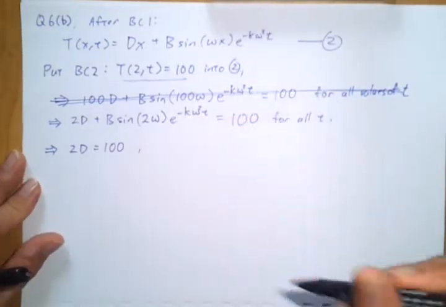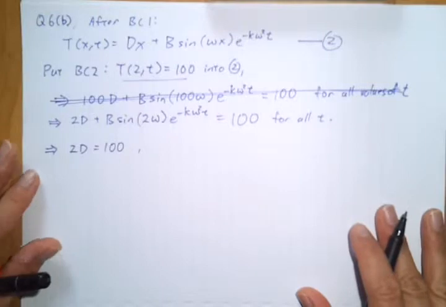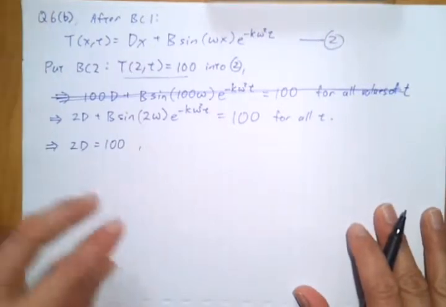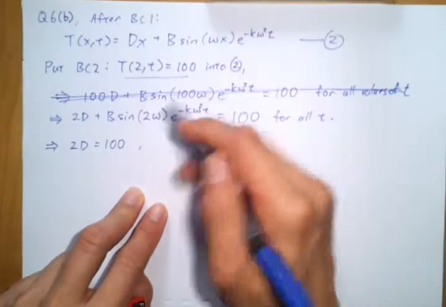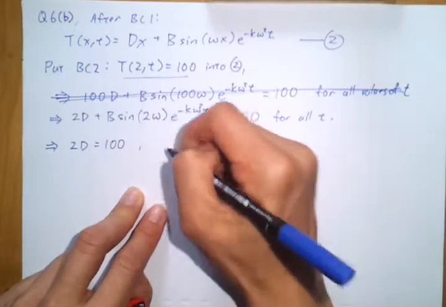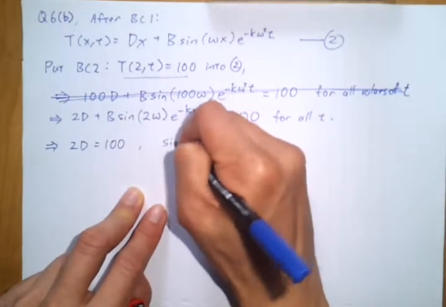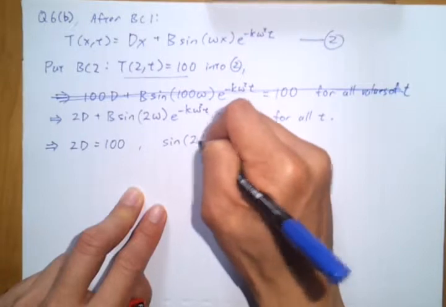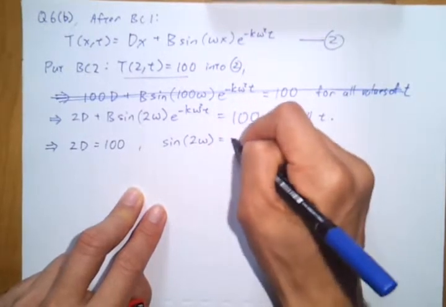So a more flexible way of making this term always 0 is to get sine 2 omega equal to 0.